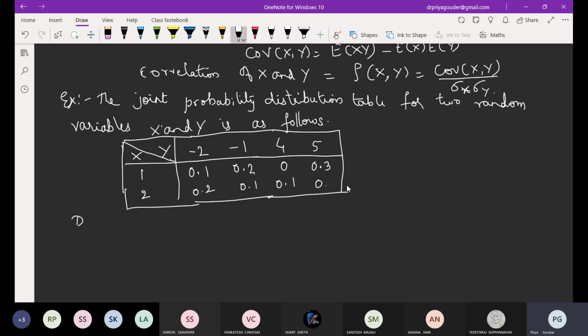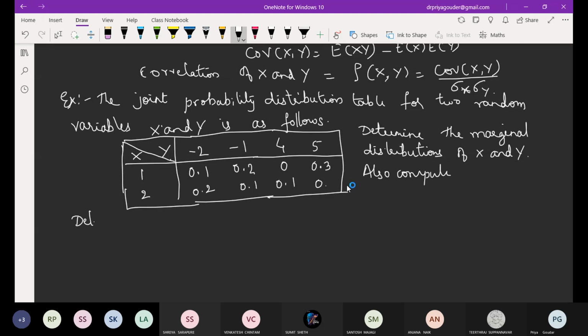Now write the question. Determine the marginal distributions of X and Y. Also compute expectations of X, Y, XY.